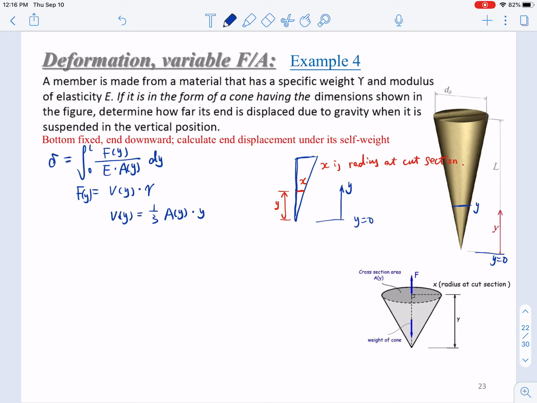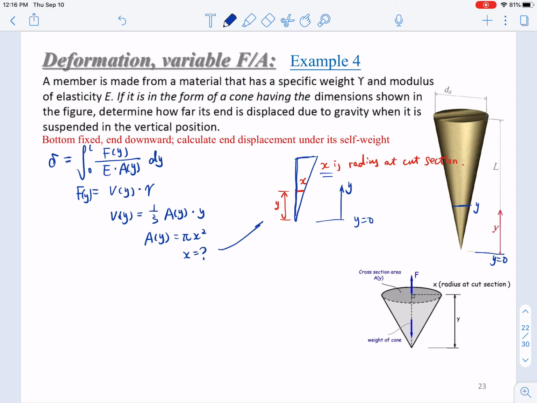And here we still don't know what Ay is. Ay is just a circle, so it equals pi x squared, since we have set x as the radius at the cut section. But what is x? How do we determine x here?